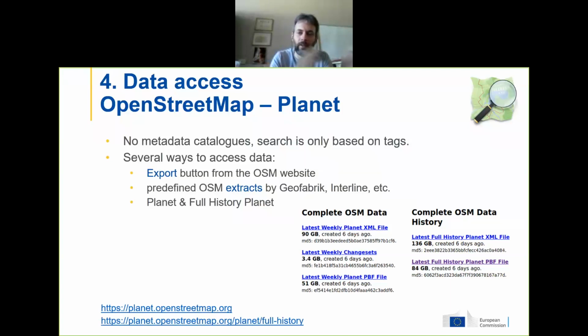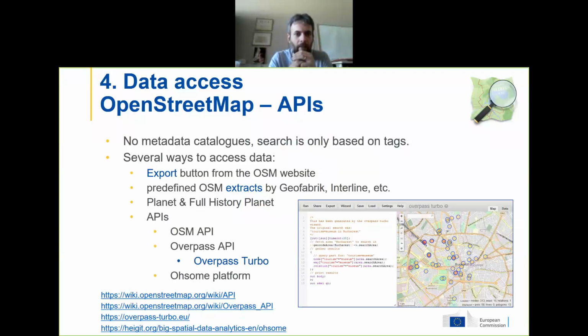So everything from the beginning of the project in one file. And you see that it's 136 gigabytes. I think I extracted this yesterday. So it's a huge amount of data that you can process with some specific tools developed for OpenStreetMap, and you can track everything on that.